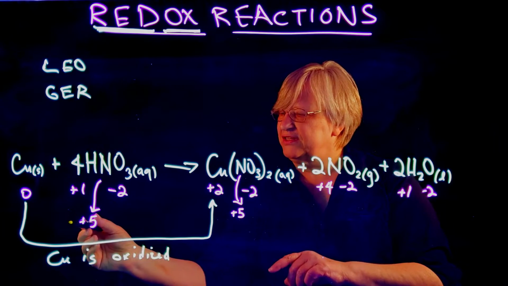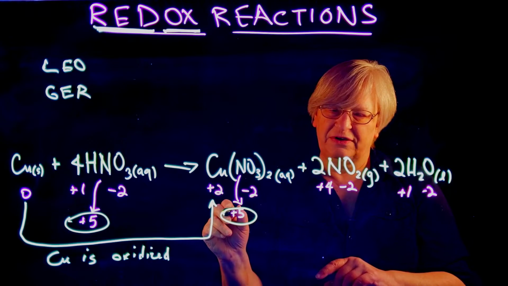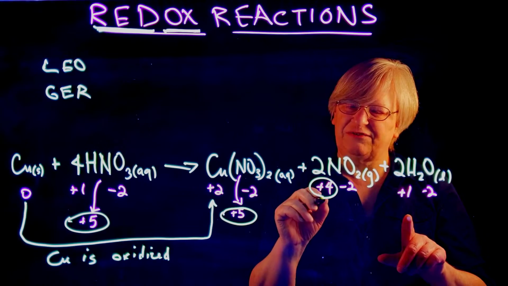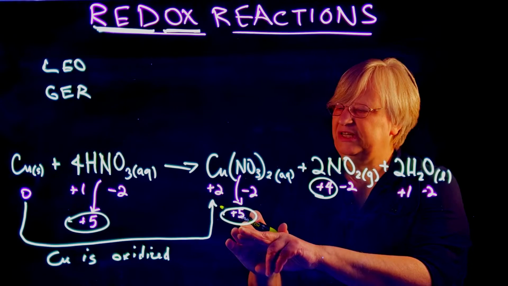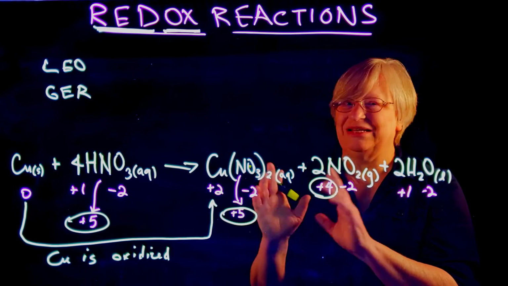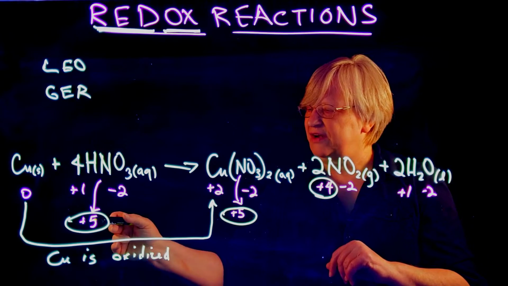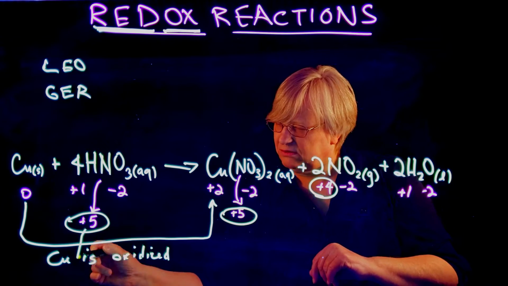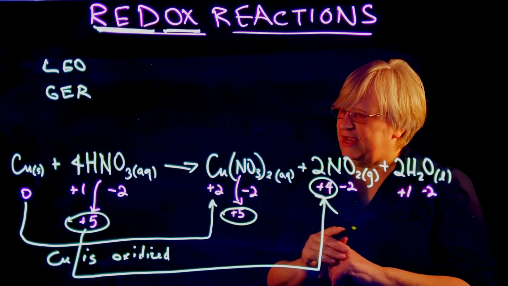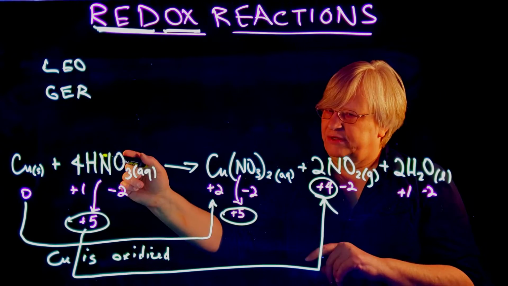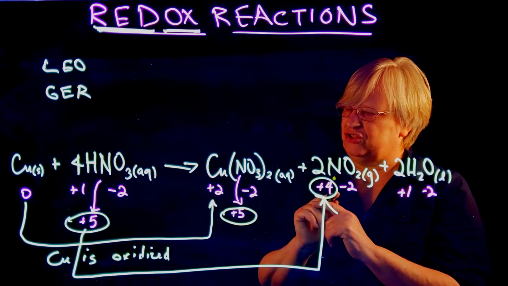We have nitrogen here as a +5. We have nitrogen here as a +5. I have nitrogen here as a +4. So some of the nitrogens didn't change, but some of them did. That's fine. Okay? So we can say that this nitrogen here changed in terms of its charge, right?